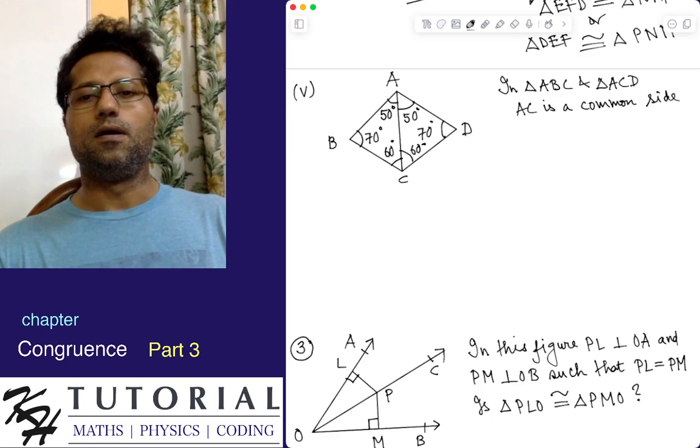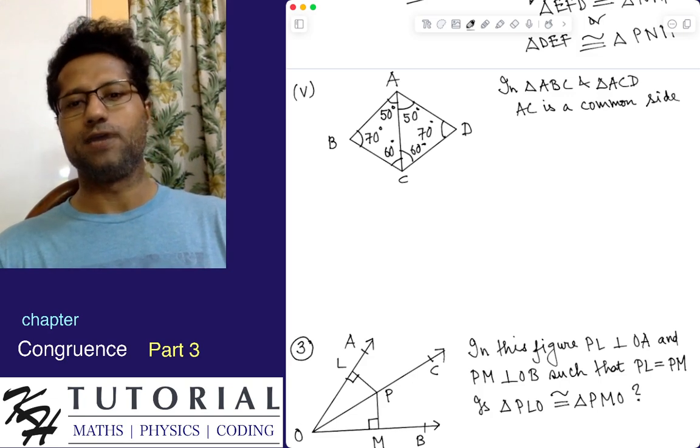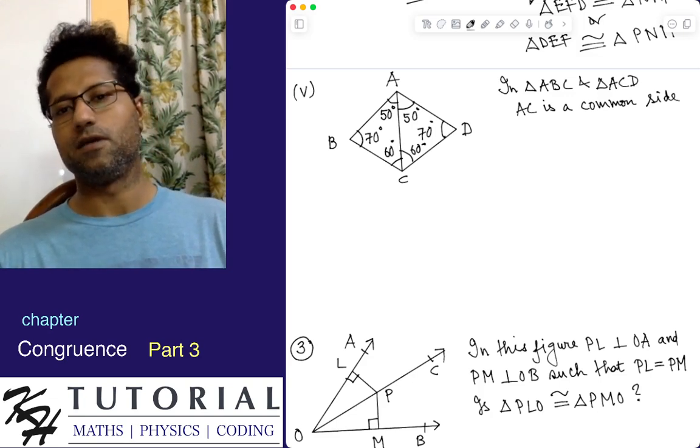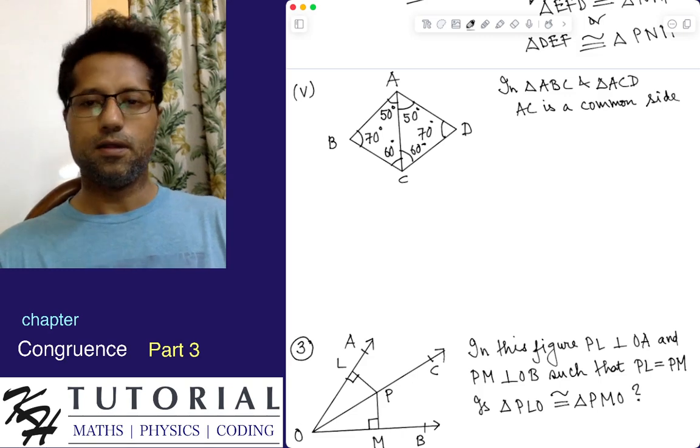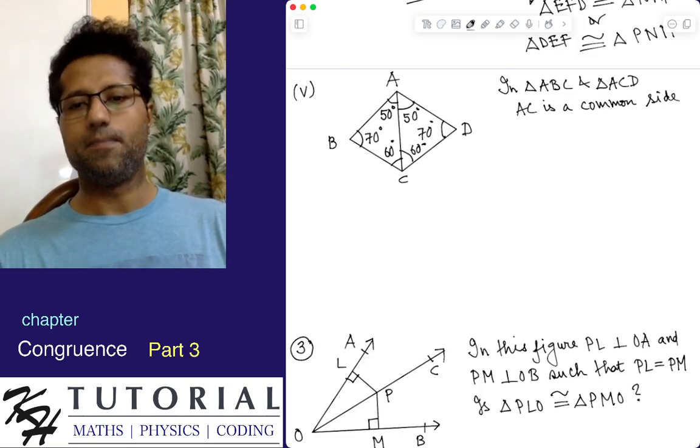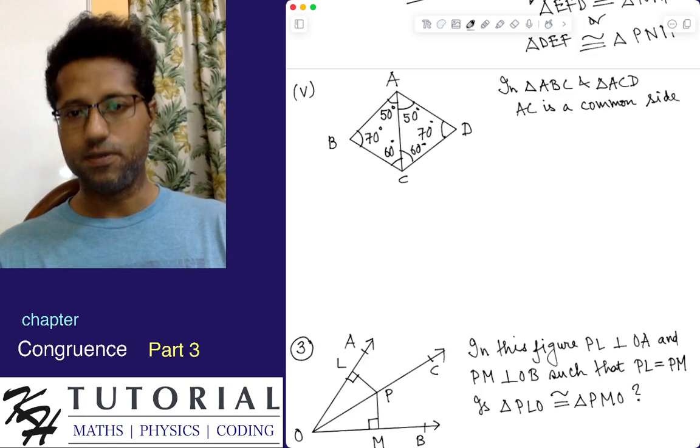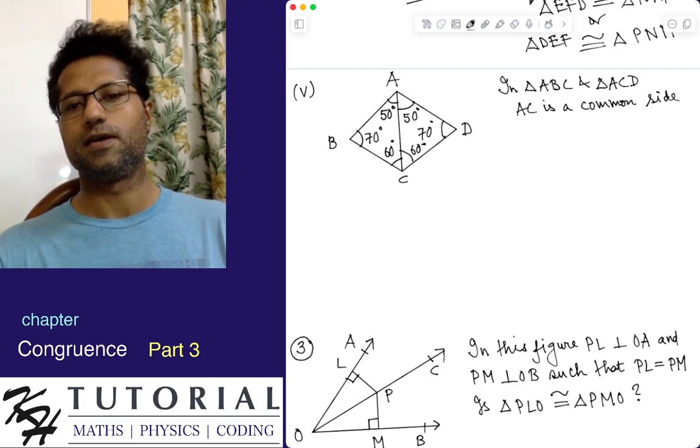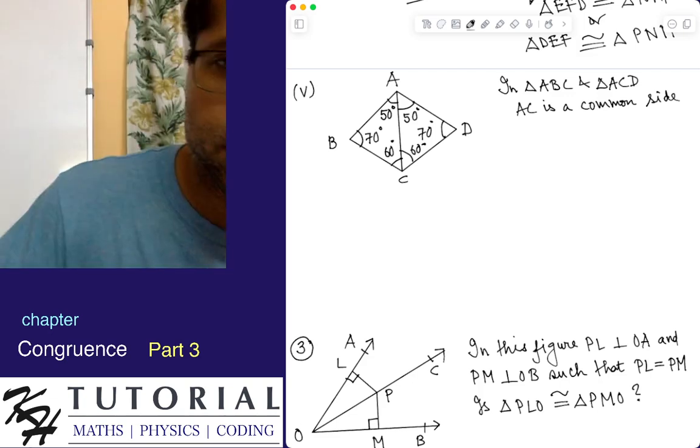So the vertex A in triangle ABC will be mapped to the vertex A of triangle ADC, and also vertex C of triangle ABC has to map with the vertex C of triangle ACD. Now that this is obvious.